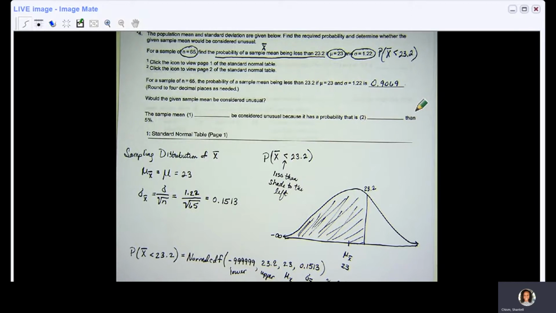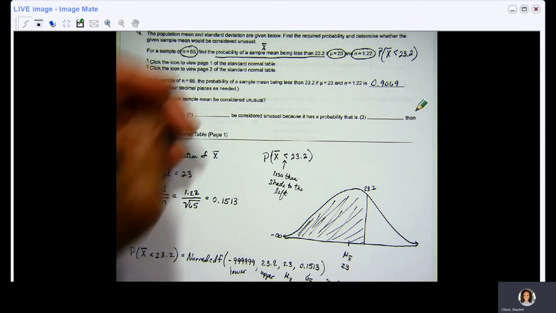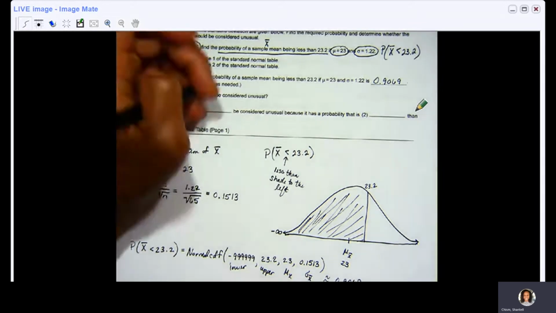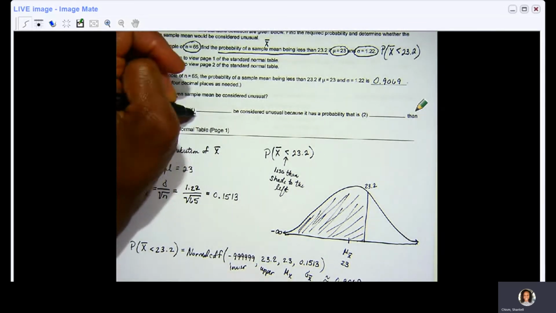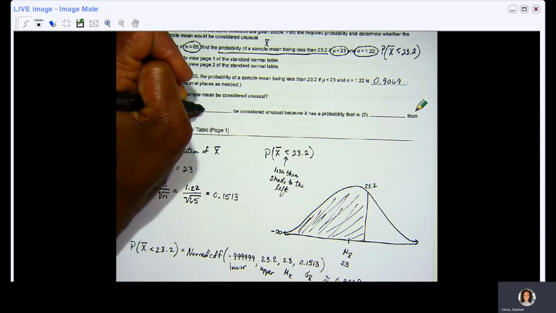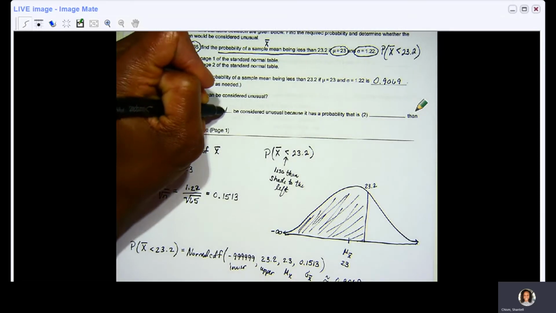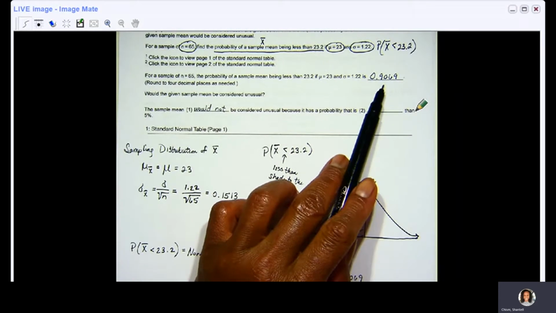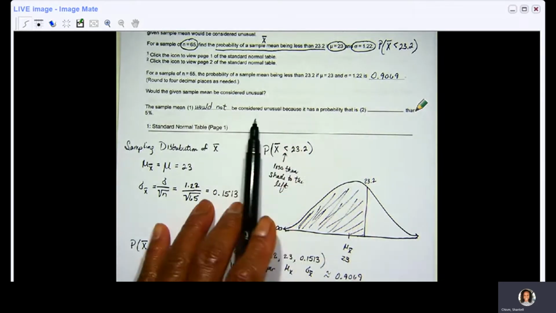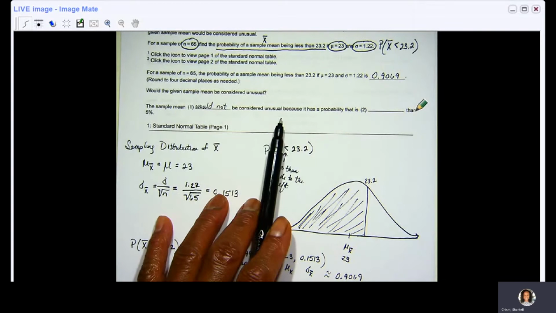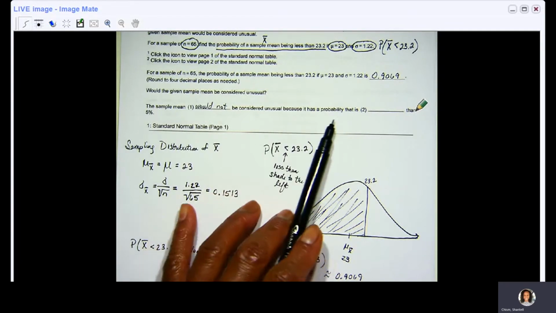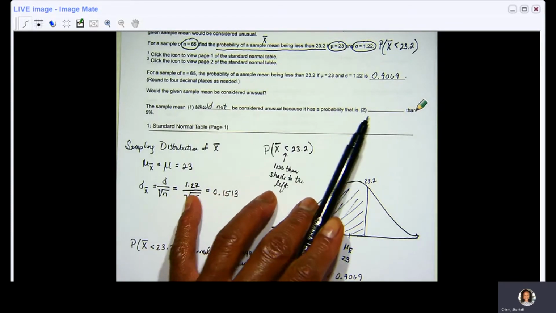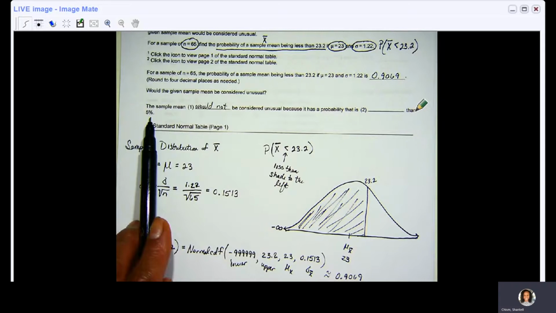Here, the sample mean would not be considered unusual. So right here, this is a drop-down blank. I think it has would and would not as your choices. So we would say would not be considered unusual, because that's a large probability, 90%, 0.90. So that would not be an unusual outcome, because it has a probability that is greater than 5%.